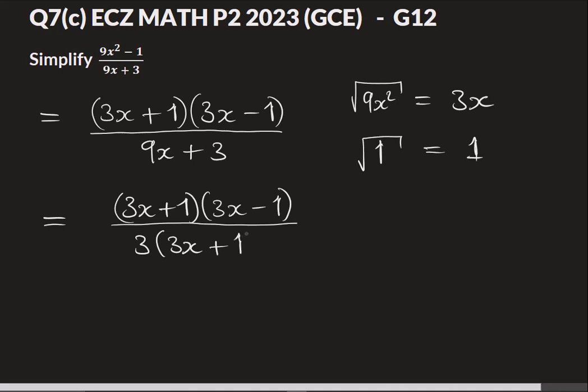And hence we can now cancel this 3x plus 1 and that 3x plus 1, which leaves us with 3x minus 1 in the numerator and a 3 in the denominator. If you wish, you can simplify this further to x minus 1 over 3. There's no problem. I'm sure any teacher will be okay with you leaving the answer in that form too.